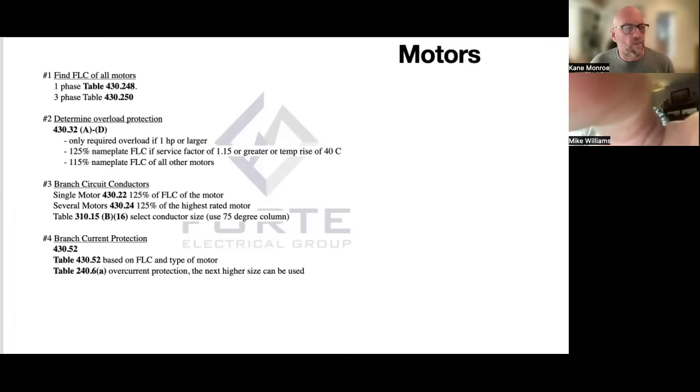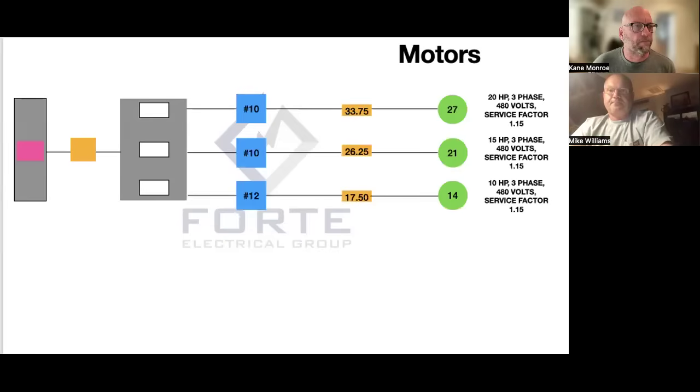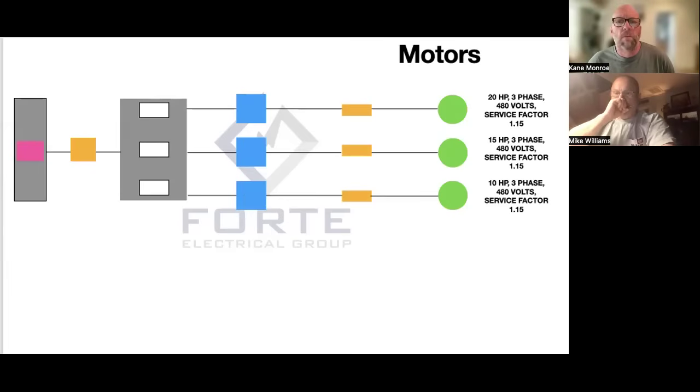Now, step 4. So let's walk through this. We've got a 20 horsepower 3-phase, a 15 horsepower 3-phase, and a 10 horsepower 3-phase. Service factors are the same, and voltage is the same.